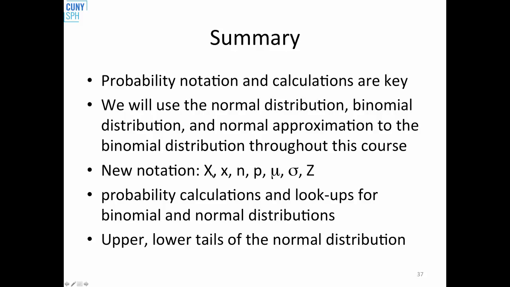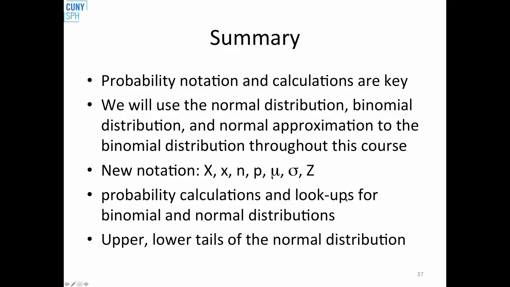But remember the new notation: capital X for a random variable, lowercase x for a realization of that random variable, n for the number of trials, p the probability of success of each trial, mu the population mean, sigma the standard deviation, and Z for the standard normal distribution, or the z-score of an individual outcome, a lowercase z.